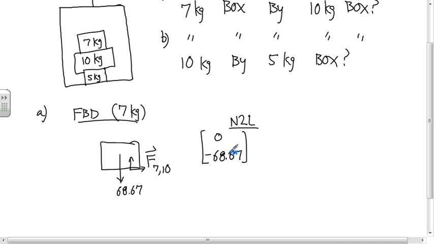So 0, negative 68.67 plus F710 is equal to the mass, 7, times the acceleration. What's the acceleration vector?